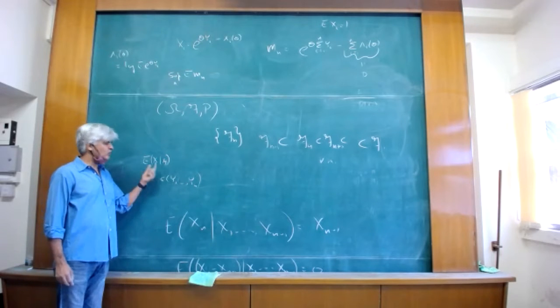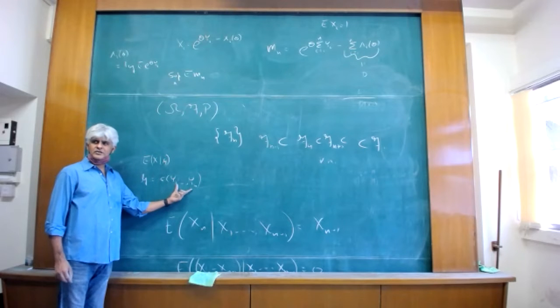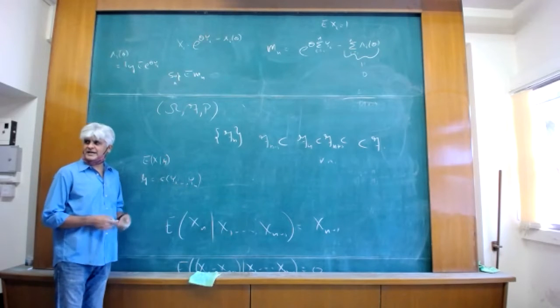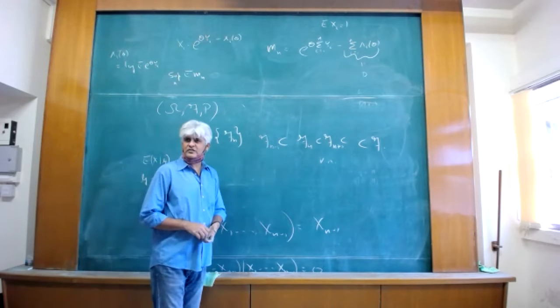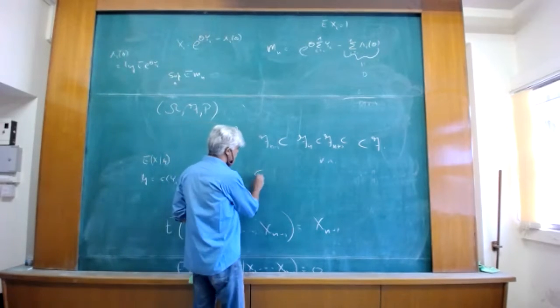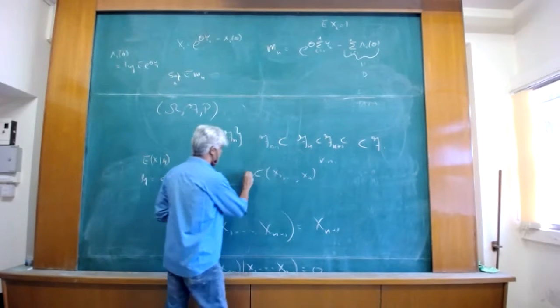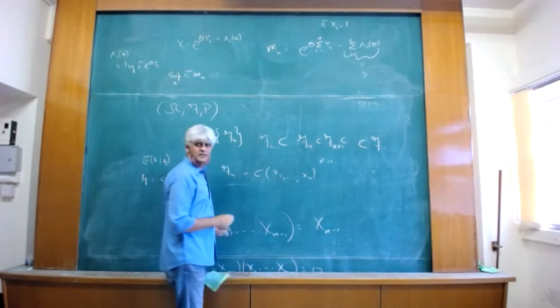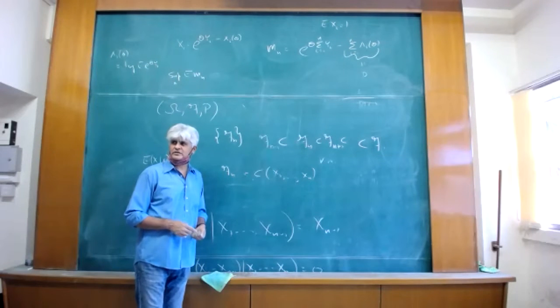Now what's my best guess for X? That's the interpretation, the information I have here. So the bigger the sigma algebra, the more information I have. That same thing is being captured here. This is an increasing sequence of sigma algebras. Then the canonical example is Fn equal to sigma(X1 to Xn). That's what we've been doing so far. As n increases, we know more information.